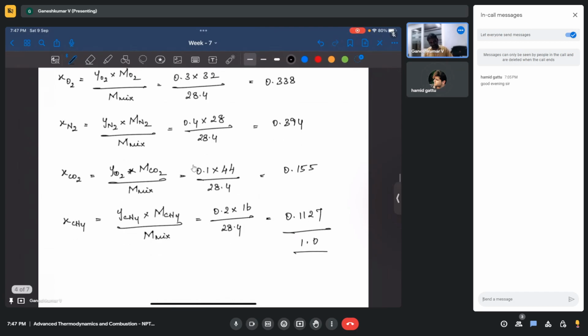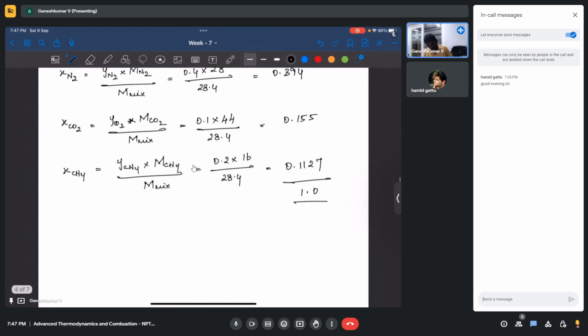Yes. So now you can find the CP of the mixture. CP of mixture is going to be X of O2 times CP of O2, plus X of N2 times CP of N2, plus X of CO2 times CP of CO2. Usual species you can take from the tables.